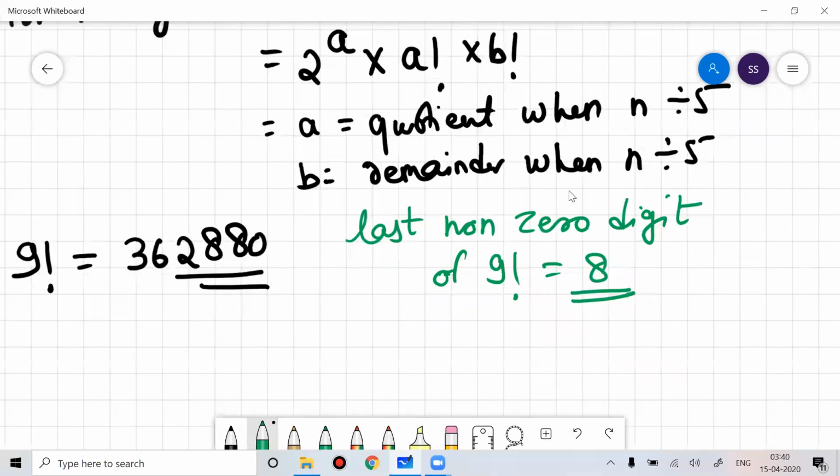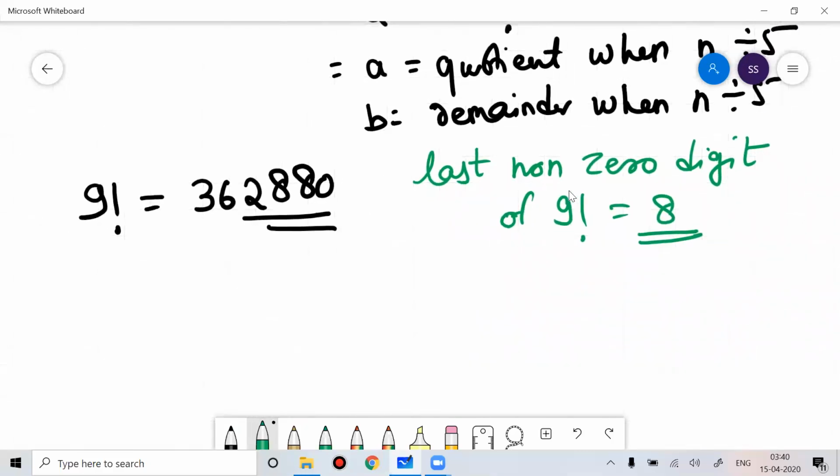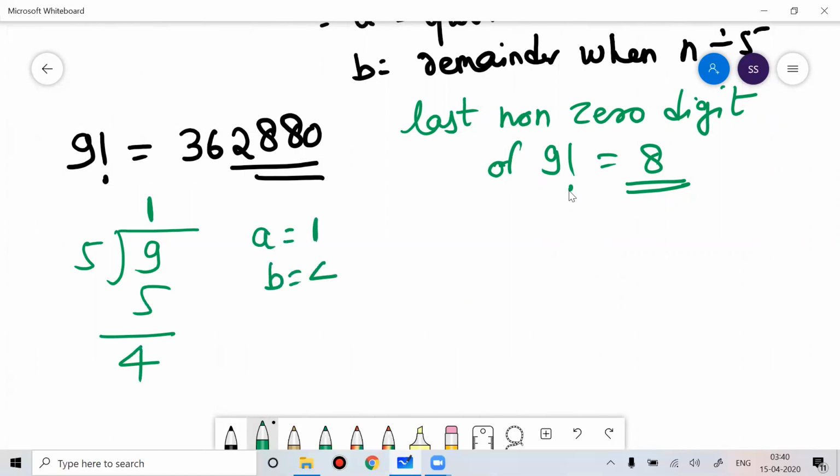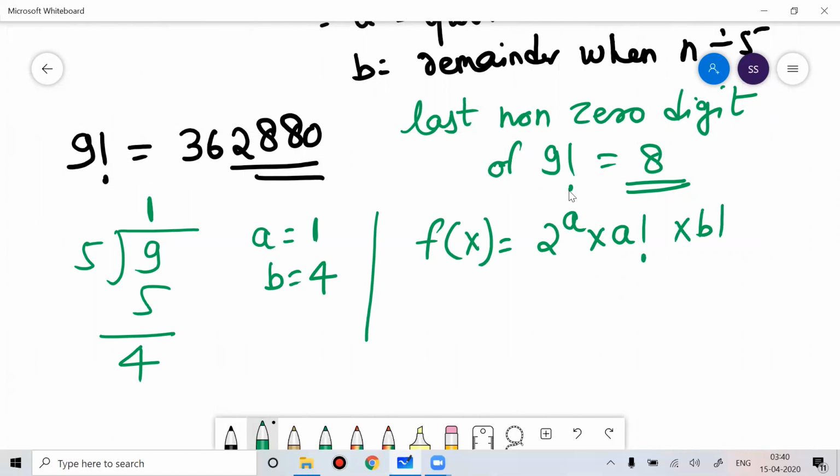If I divide 9 by 5, the quotient is 1 and the remainder is 4. To find the last non-zero digit of 9 factorial, the formula you follow is 2 to the power a into a factorial into b factorial.